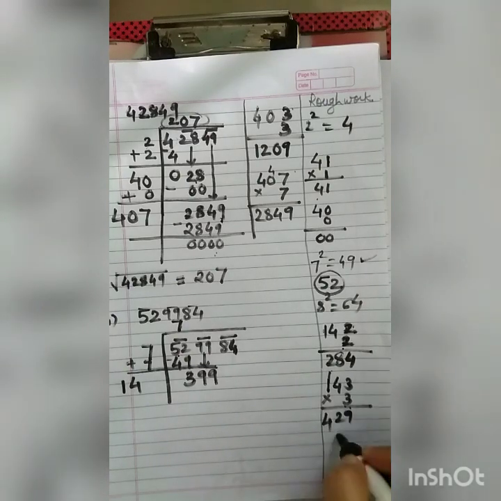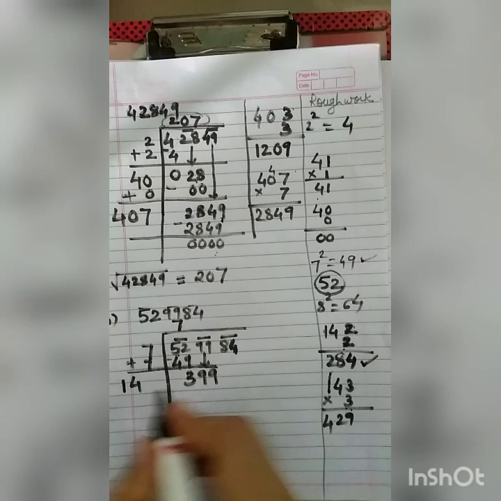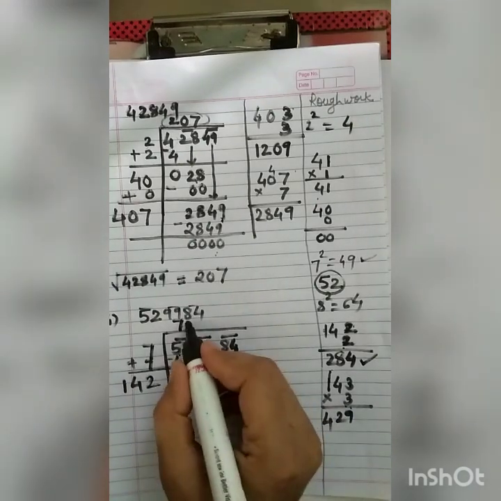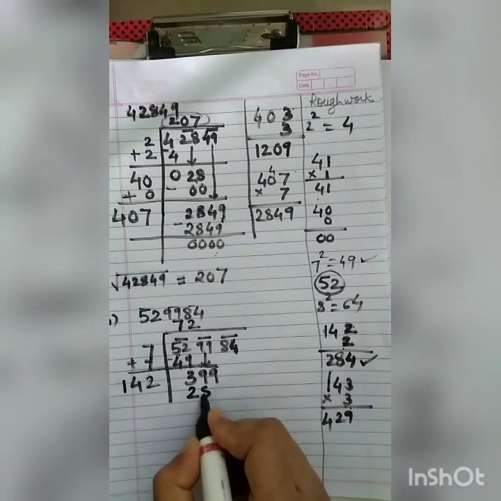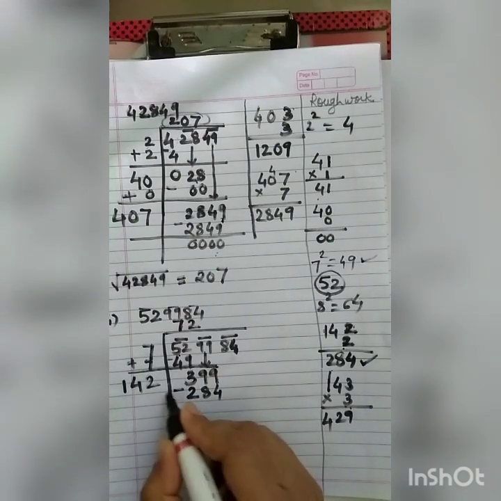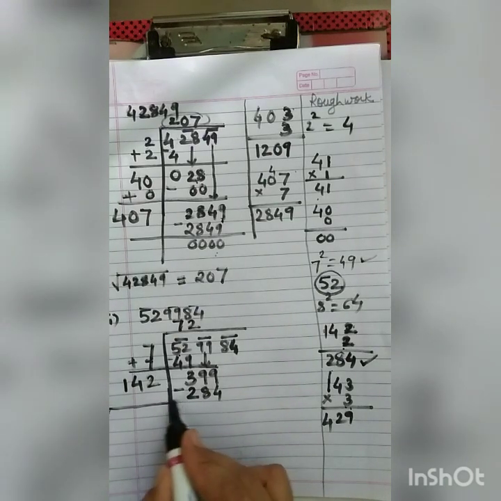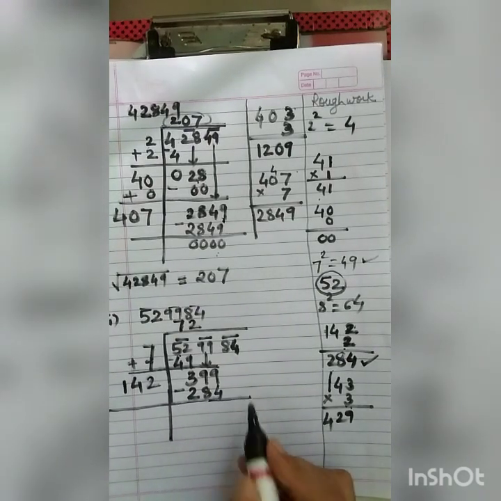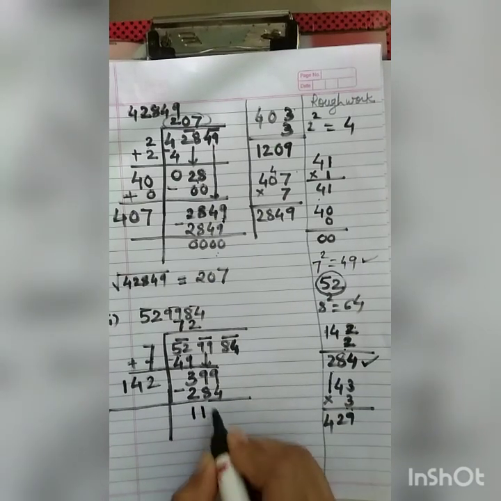So instead of 429, we will go with 284. After subtracting this 284 from 399, we will get 115.